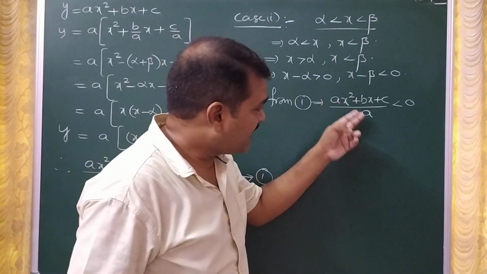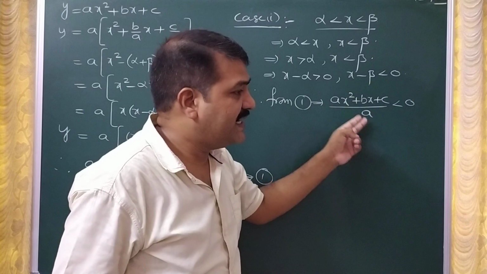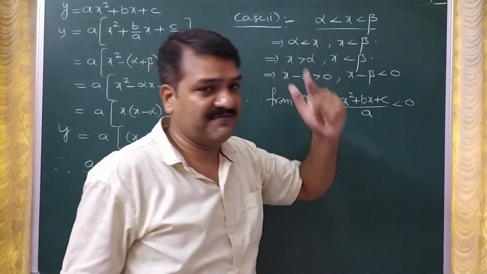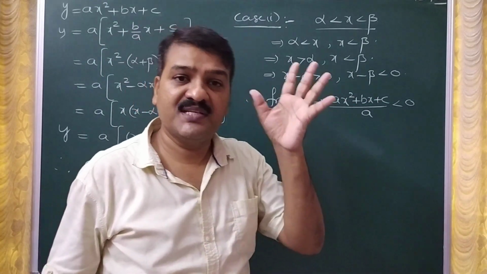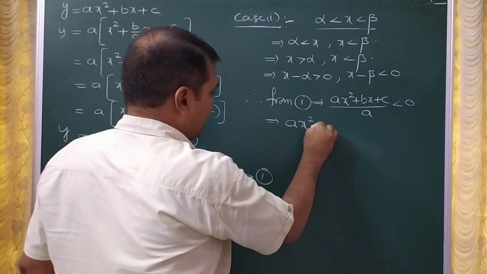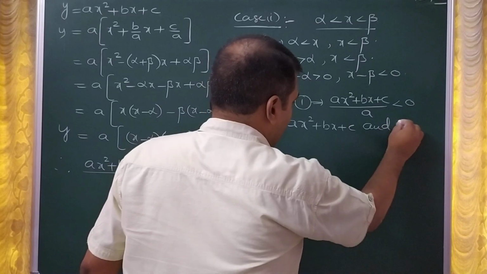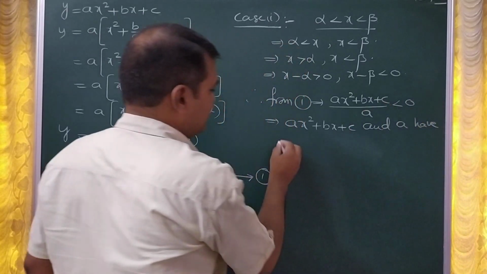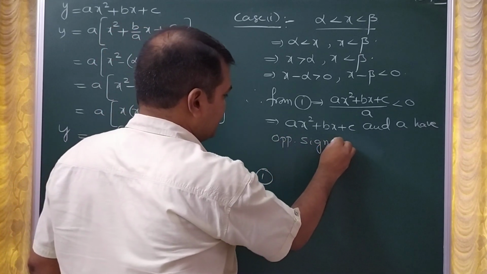Whenever a fraction is less than 0, the numerator and denominator must have opposite signs. This means ax square plus bx plus c and a have opposite signs.